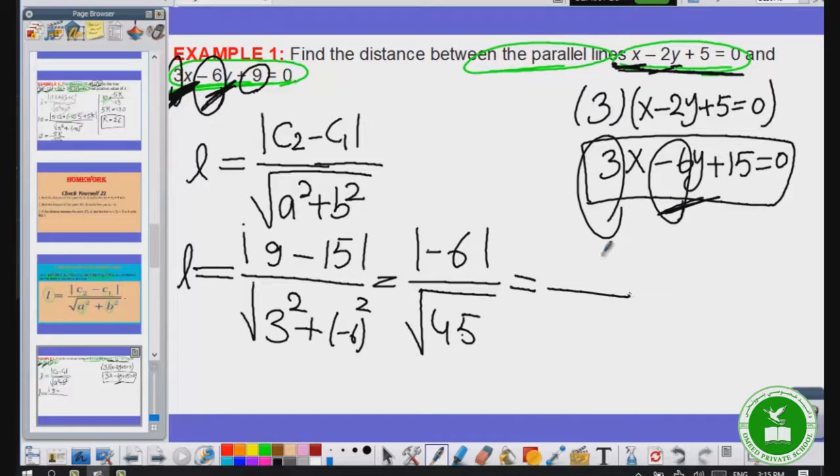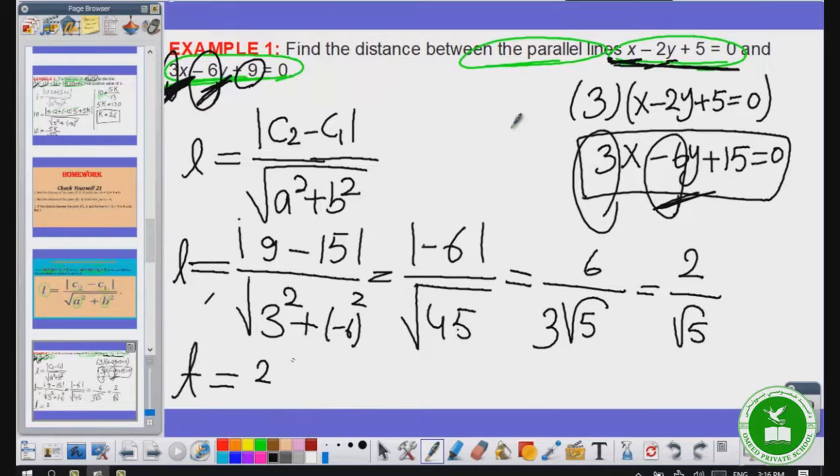This is equal to 6 divided by 3 under root 5, which is 2 divided by under root 5. If we multiply numerator and denominator by under root 5, then 2 under root 5 divided by 5 is the distance between these two lines.